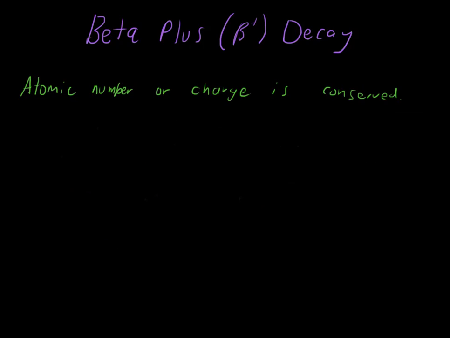Okay, so as with all equations, we need to make sure they're balanced, and Beta Plus Decay is no different to that. It's important that we ensure that the atomic number or charge is conserved throughout the process. So the general equation, A Z X, our initial element, decays into a Z minus 1, lose a proton, get a new element, plus a positron, and a neutrino.